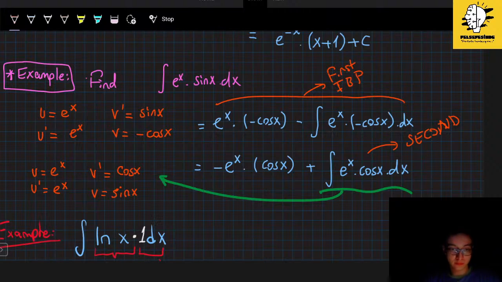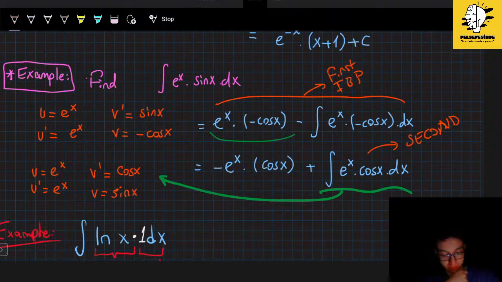Okay, so guys, I put u as e to the power of x, okay, and v prime is equal to sine x. And if you use the formula of integration by parts, you will put e^x times minus cosine x minus e^x times minus cosine x here.